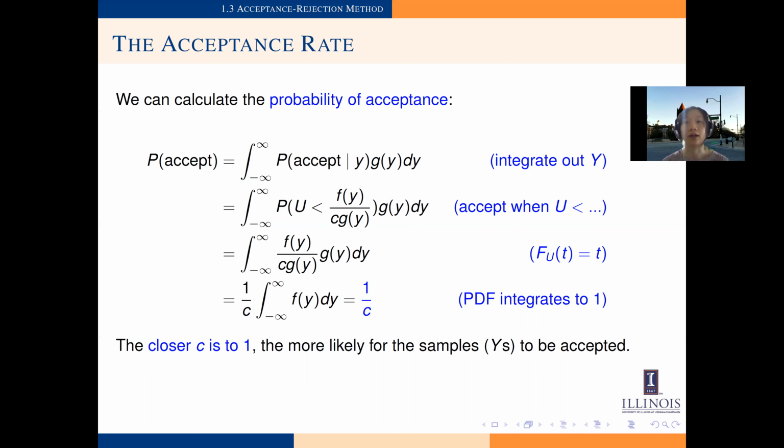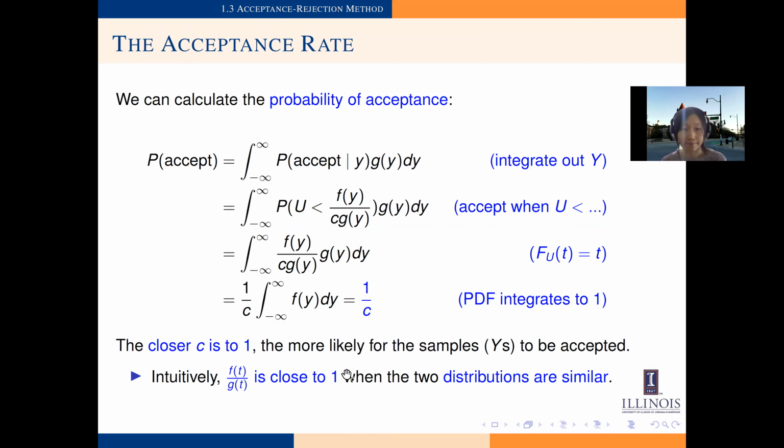And that's a lot of computational power that's wasted over here. So what this says to us is that intuitively, we want c to be as close to 1 as possible. So we want to find a good proposal distribution and a good c value so that the earlier inequality is satisfied. Then when c is low, we're going to have higher chances of acceptance, which means that we can draw the samples with lower computational burden.